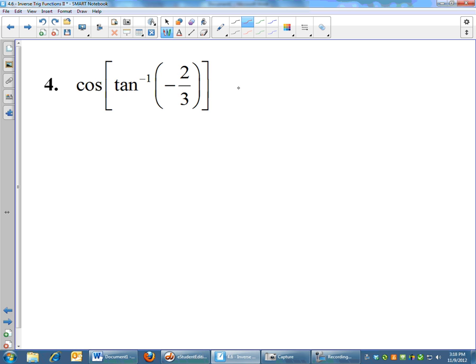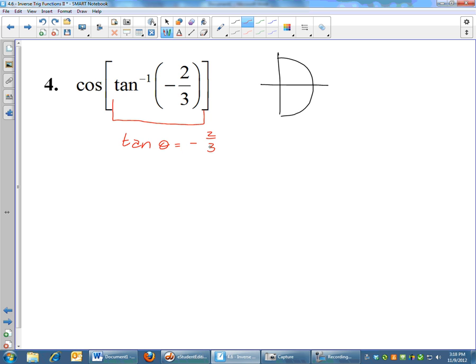It's inverse tangent. So I've got to think, okay, inverse tangent, we're limited to looking at the right side of the circle. And this right here is the exact same thing as saying tangent of some angle theta is negative 2/3. Tangent is negative.